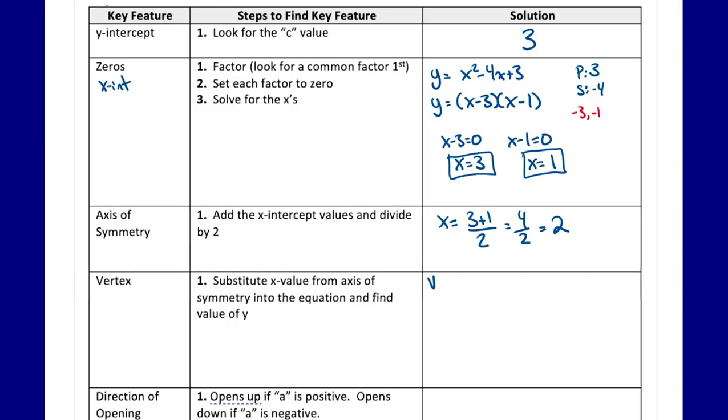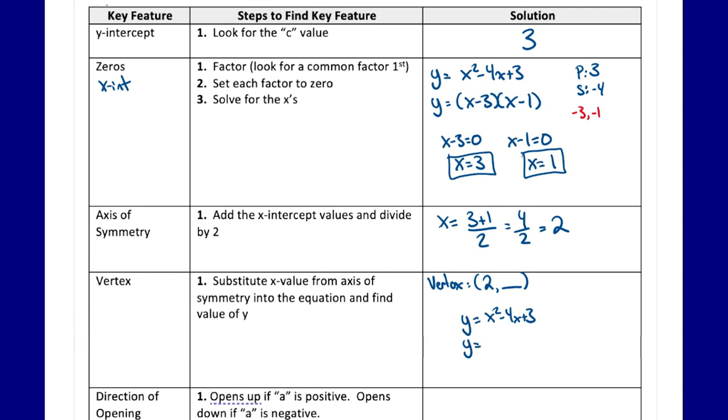For my vertex, it will have the x value of the axis of symmetry, so it will be 2, and then an unknown y value. To find that y, I can plug that 2 into my equation. Whichever one we want, it doesn't really matter. We can use the factored form or we can use the standard form. I'm going to use the standard form, so y equals x squared minus 4x plus 3.